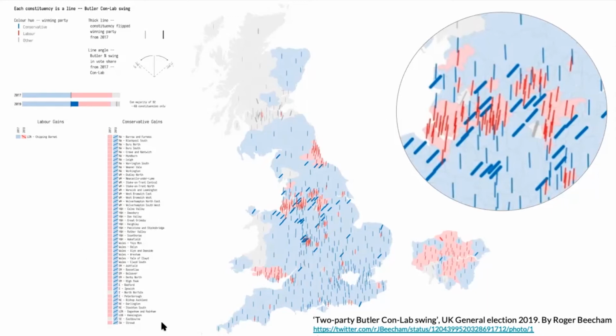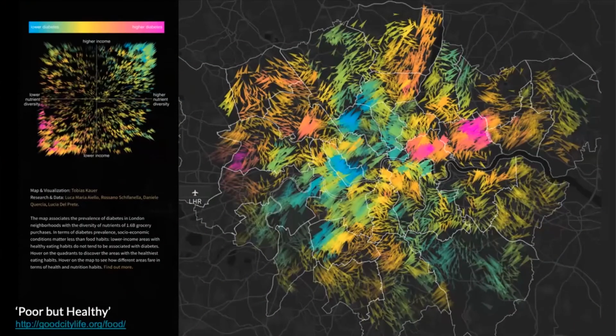This is an unusual example, a visualization called Poor But Healthy. It's a map of London, showing the prevalence of diabetes in London, and comparing that with the diversity of nutrients that people get from their groceries.